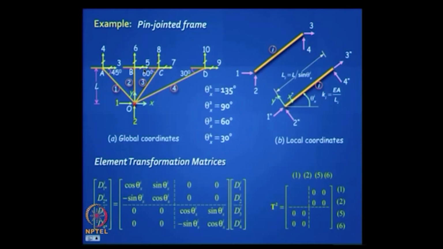Are you getting what I am saying? So let us write to help you understand what we are doing. For that particular problem, this is 5 6, this is 1 2, right. This is global coordinates.